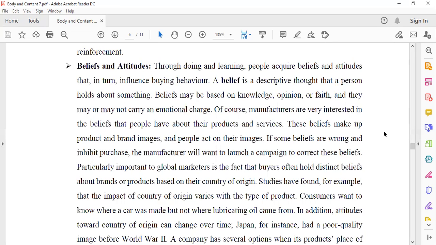And of course, it's important for manufacturers to try to understand the consumer's belief towards their products and services. It is when you understand this, you will know if there is need to change these beliefs, maybe through an advertising campaign, to make them think otherwise.